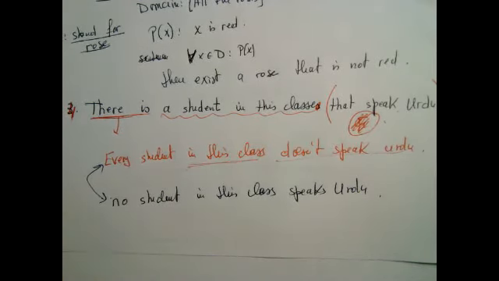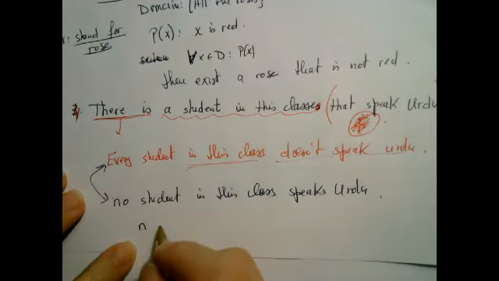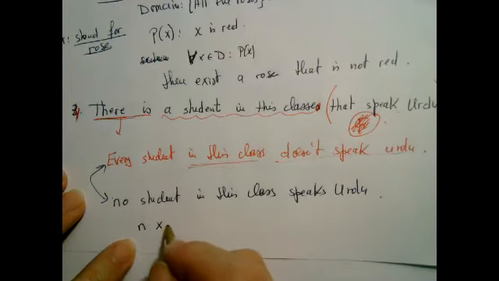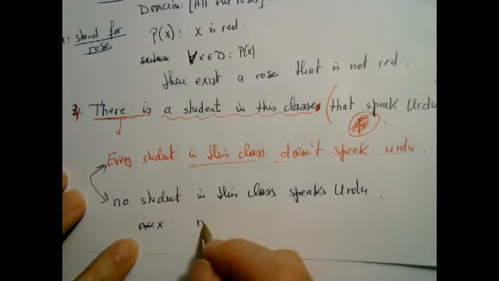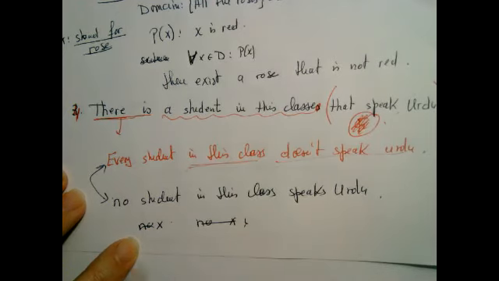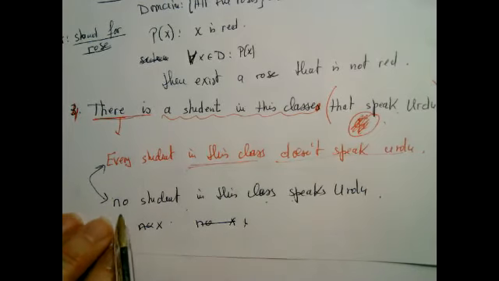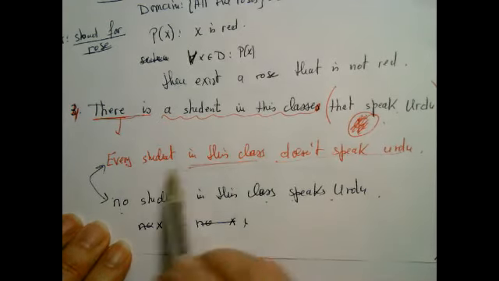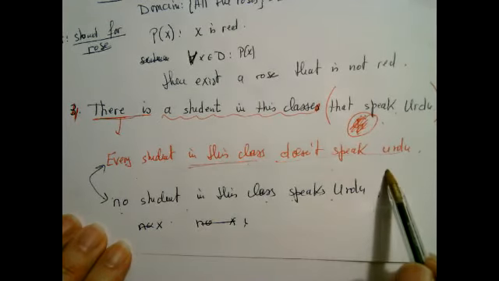So basically I'm saying no x in the domain has the property. What does this sentence mean? It means whichever student you give me, the student doesn't speak Urdu. It means every student doesn't speak Urdu.